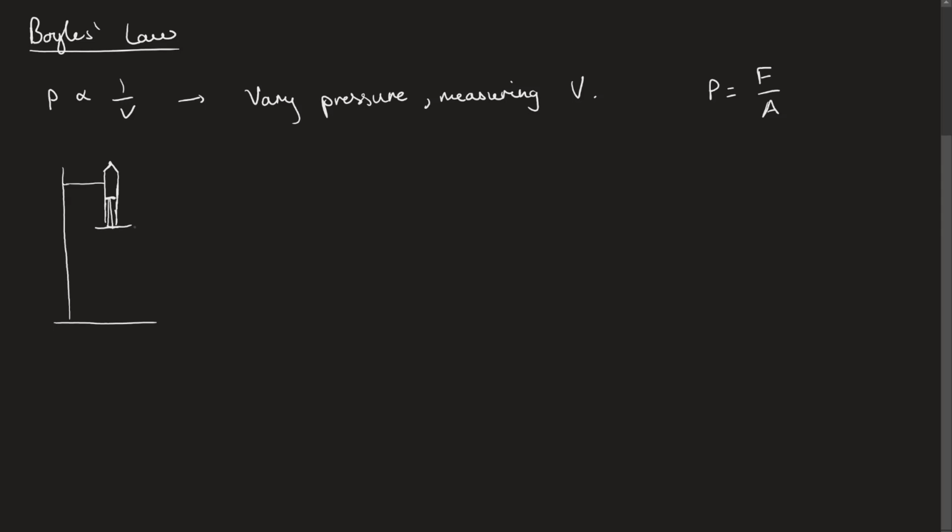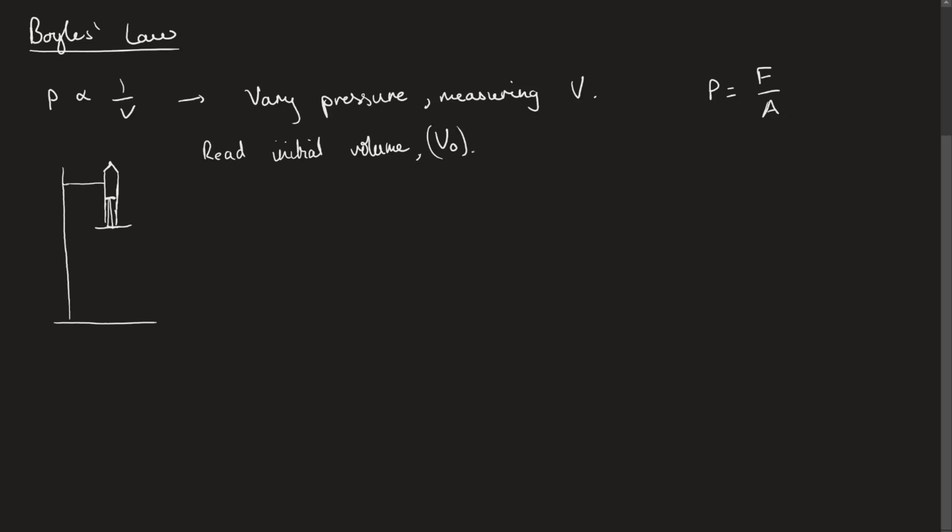The syringe is initially going to read an initial volume. So the first thing we need to do is read the initial volume, which we're going to call V0.